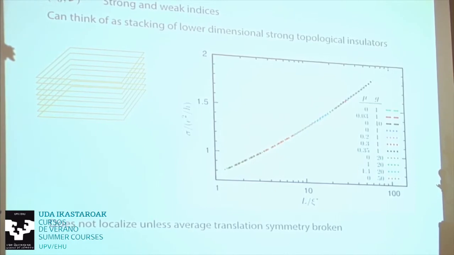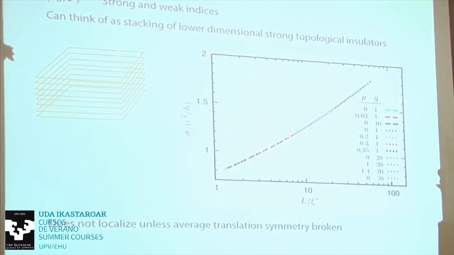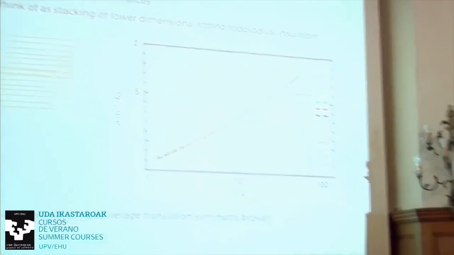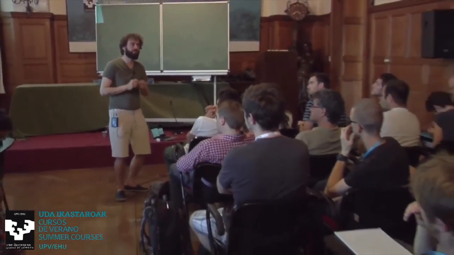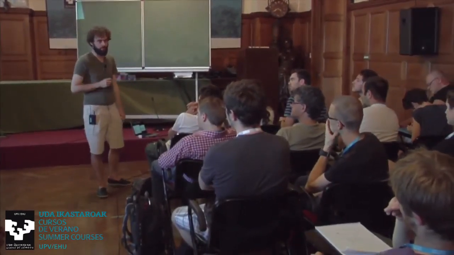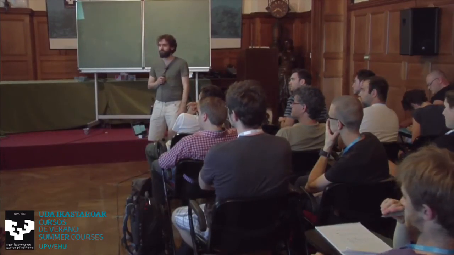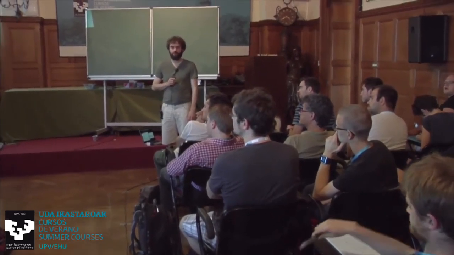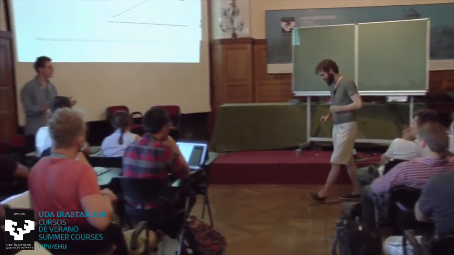So if the symmetry on averaging over the disorder is recovered, that generally is enough, at least in this case, to make it not localized. If I break it on average also, then it becomes an insulator. Yeah. No, that's good.